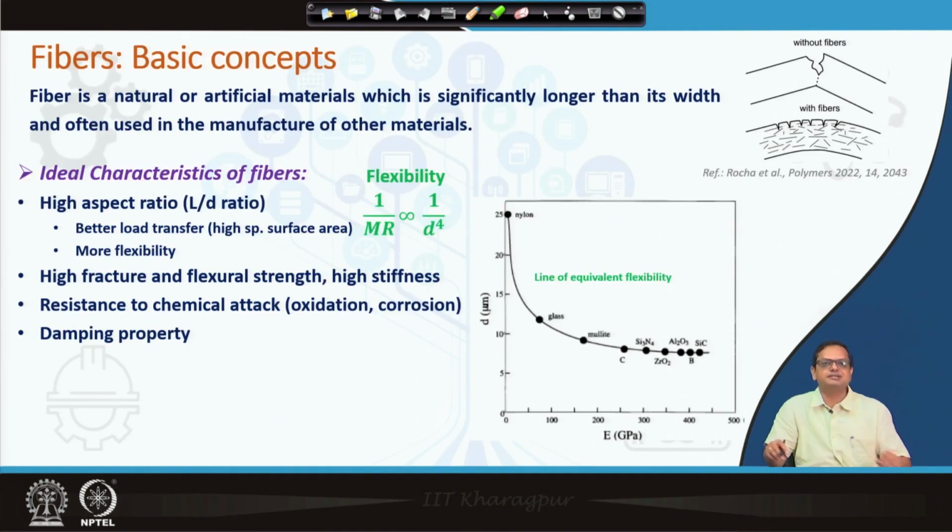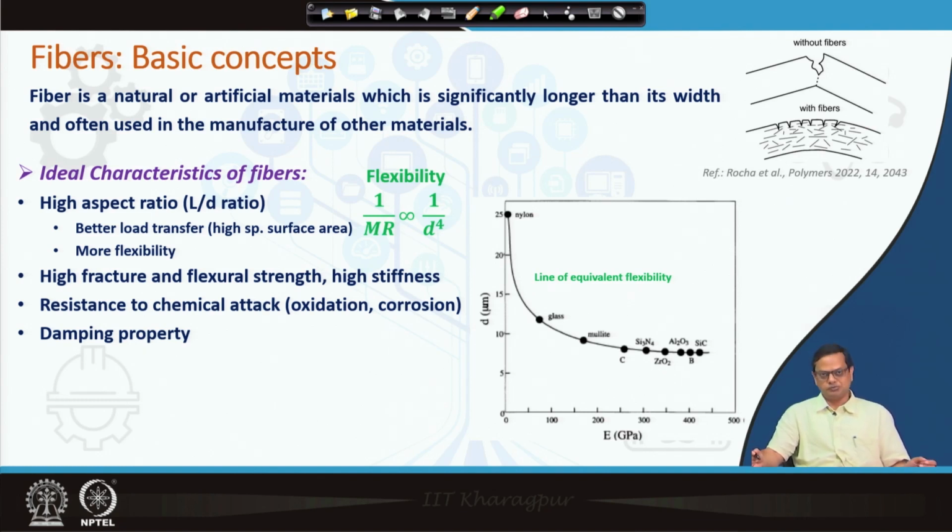Now, in the last class, I was discussing the characteristics of fibers, and the first one I discussed was that a high aspect ratio should be there. Now, why do we need high aspect ratio? Higher aspect ratio means higher length, lower diameter, or the L by D ratio should be high.